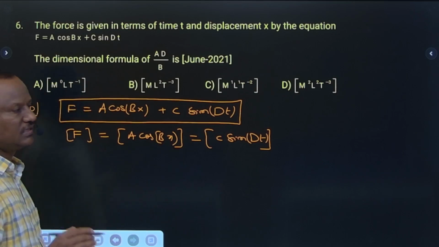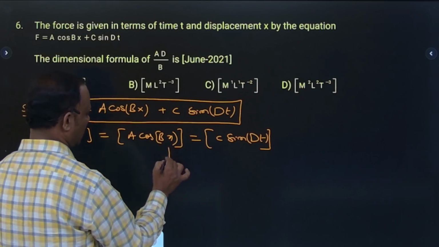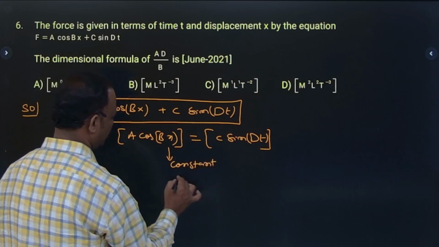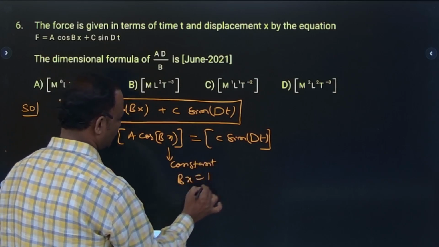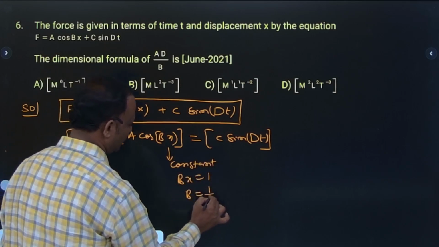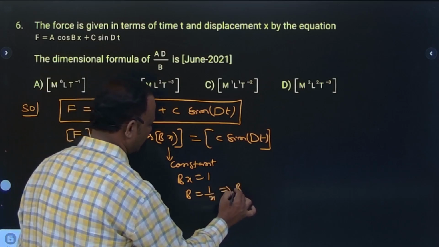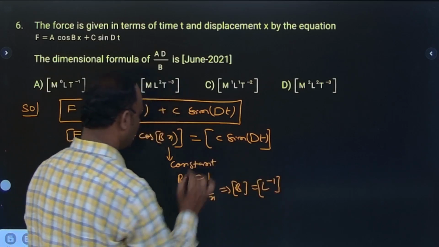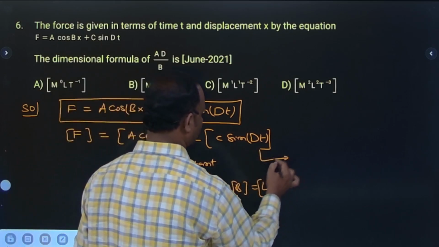Trigonometric functions are constants, dimensionless. Bx is equal to 1, then B is equal to 1 by x. It means the dimension formula of B is L inverse.